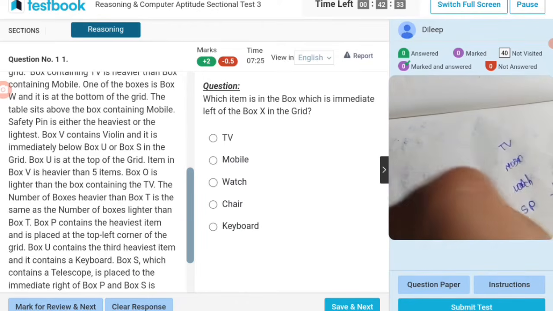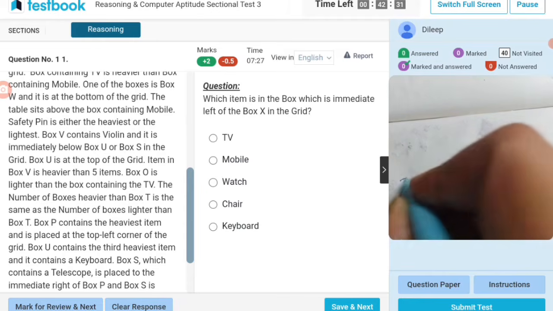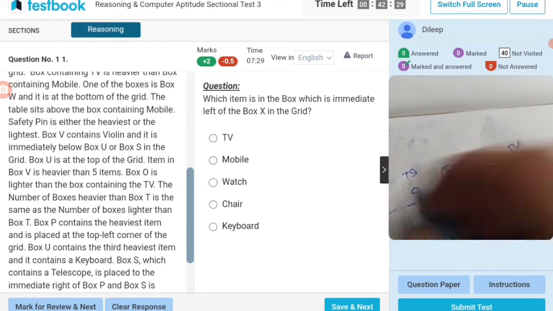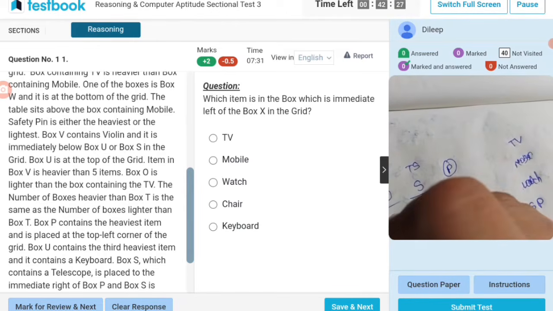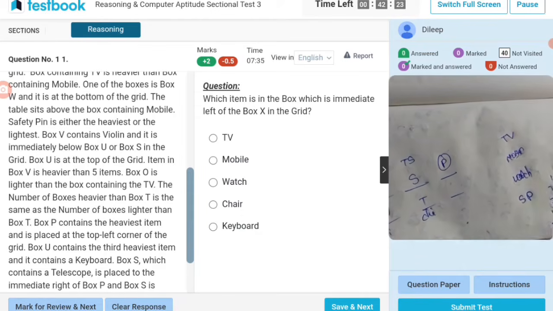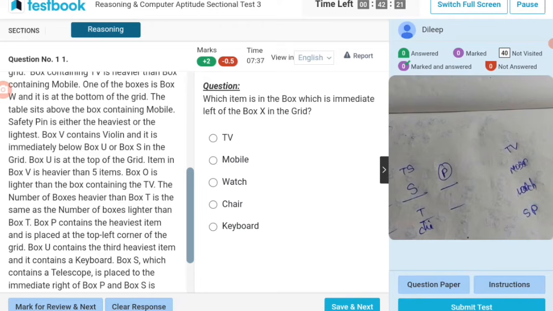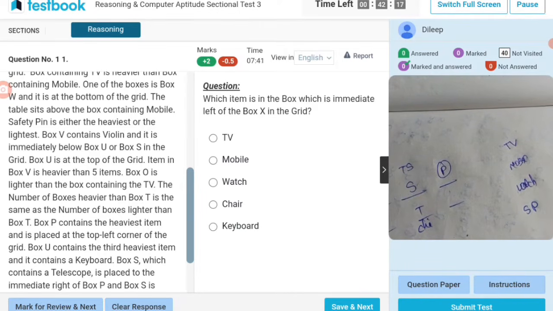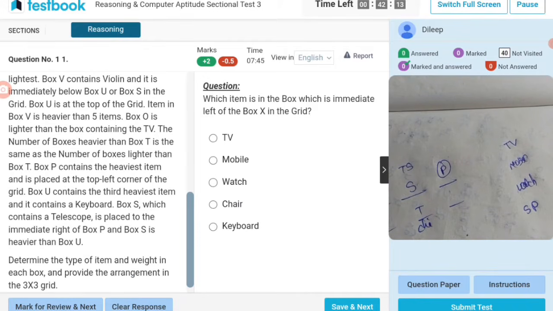Okay. U, S, P, V, violin, T, chair. So it is telescope, immediate right of P. S is heavier than U.